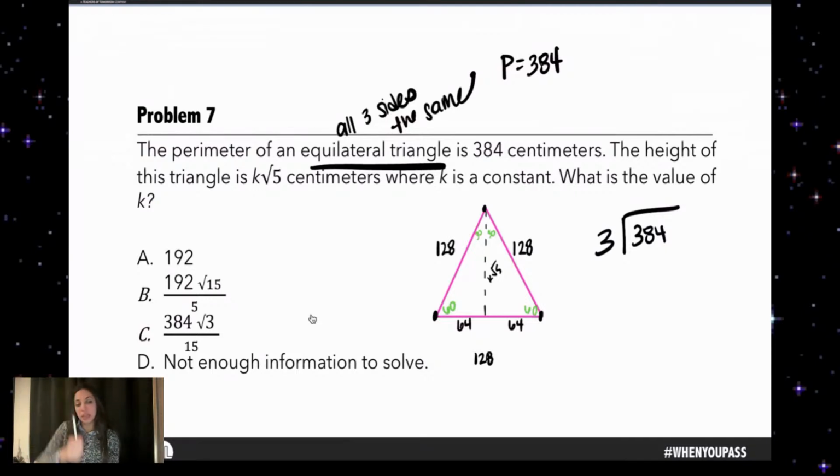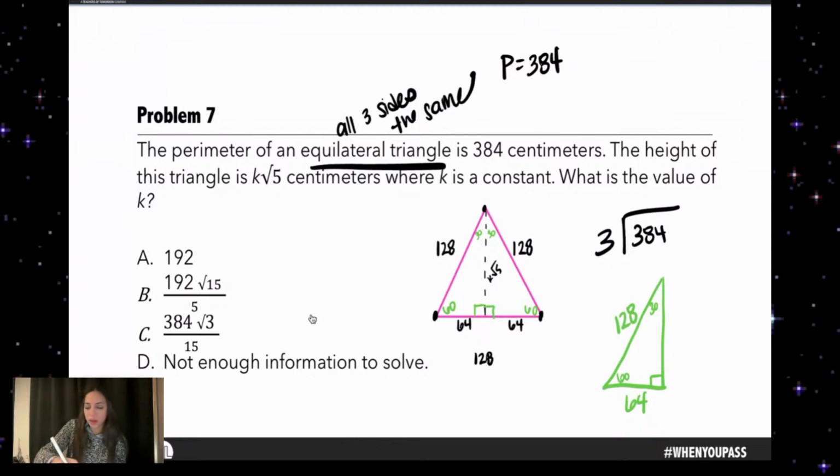Because my 60 is being cut in half. And the height is always going to drop down and create a 90-degree angle. So what I've just created is a 30, 60, 90-degree triangle. Interesting, huh?